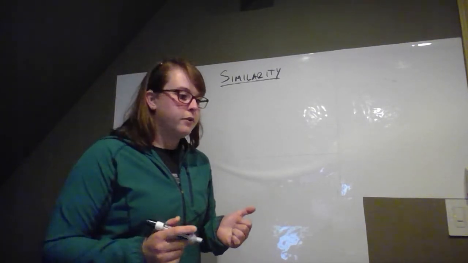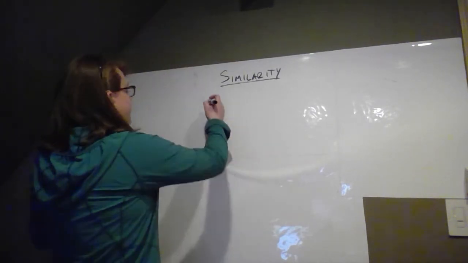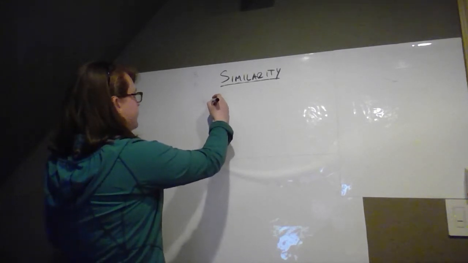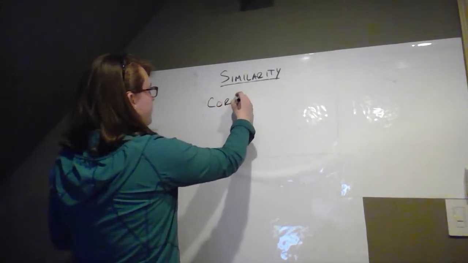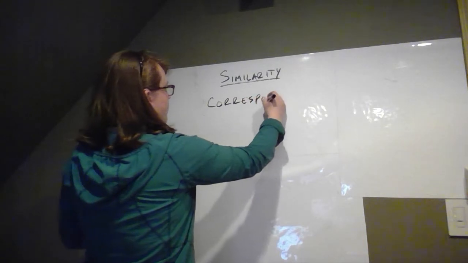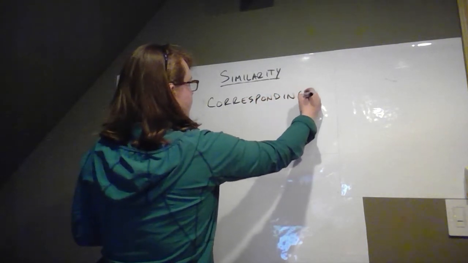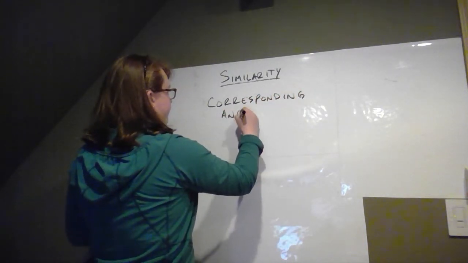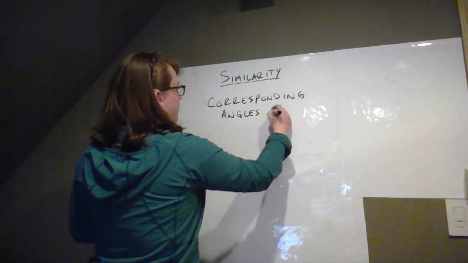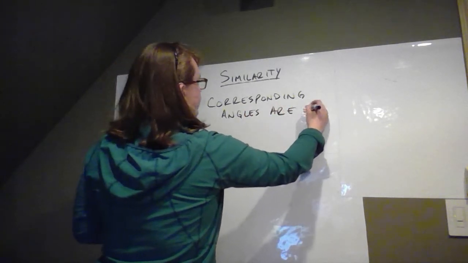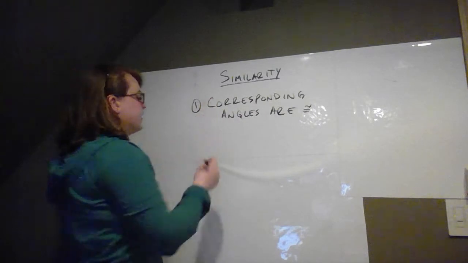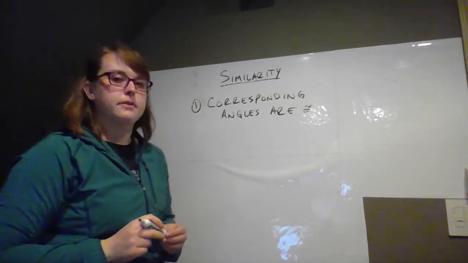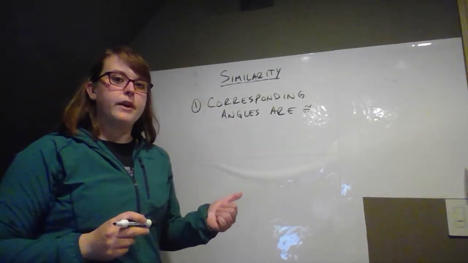First of all, if two shapes are similar, that tells us that the corresponding angles are congruent to one another, just like it does when we talk about congruent shapes. So that would tell us the corresponding angles are congruent.